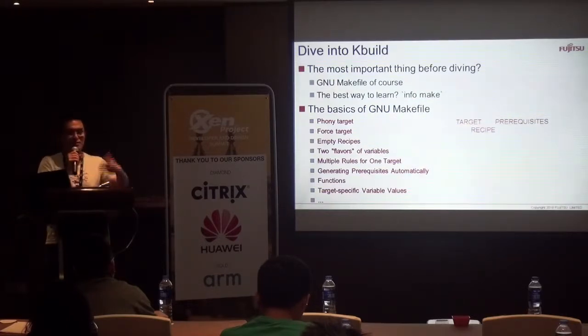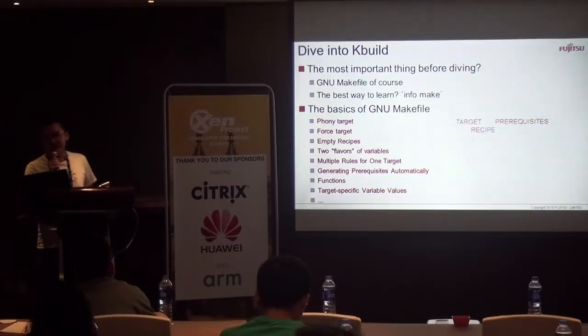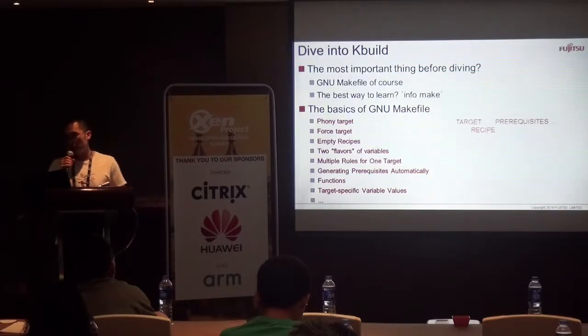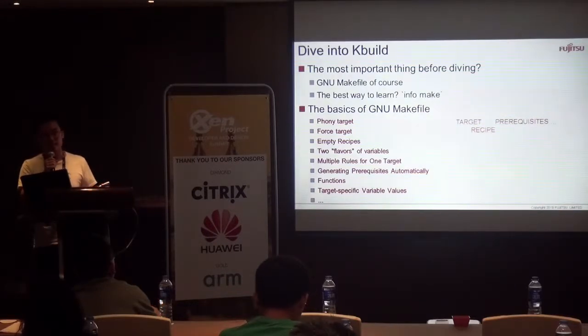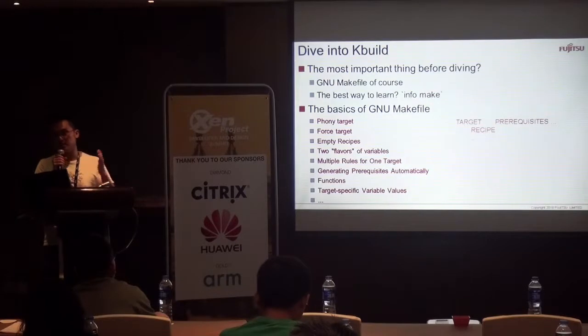For most of the audience who speak Chinese, I guess you all know a very famous electronic book called 跟我一起写 makefile. Okay, everybody knows. The electronic book basically translated the official document and did some reorganization.